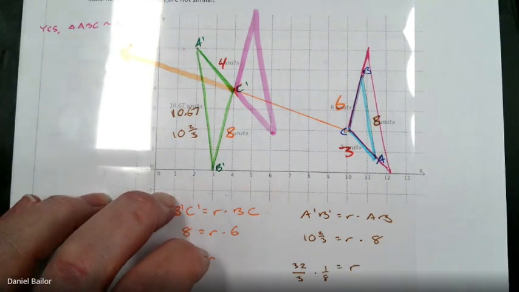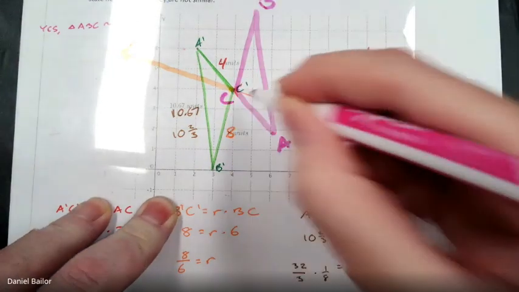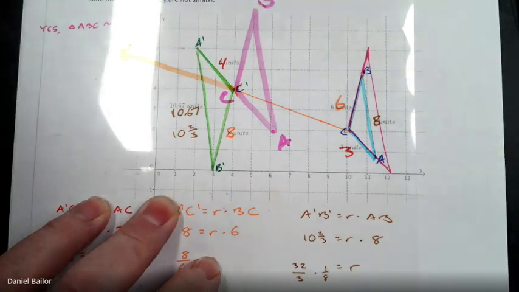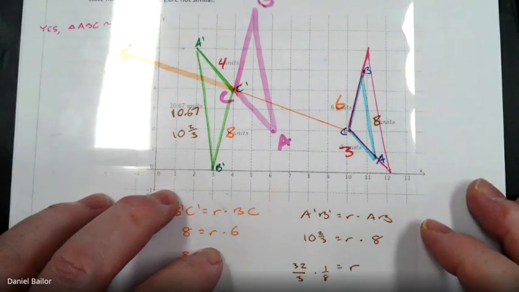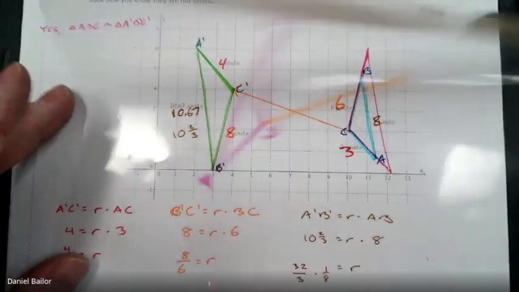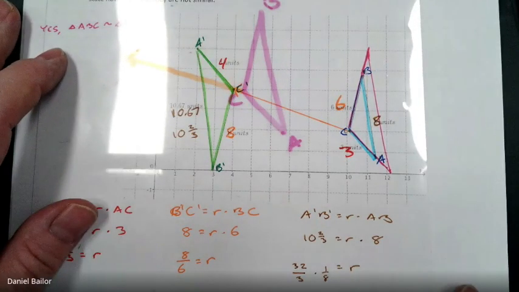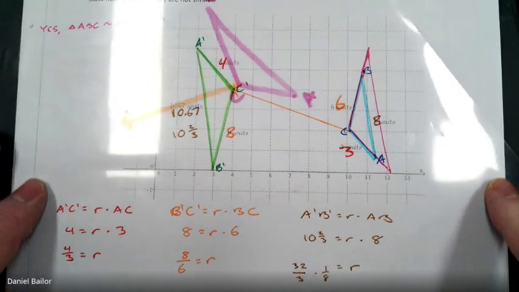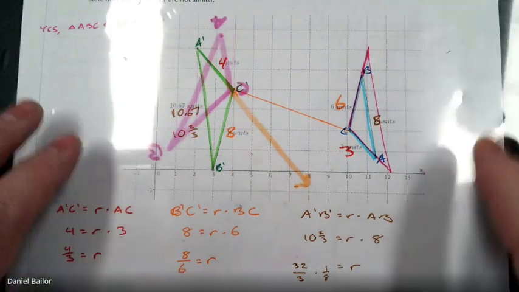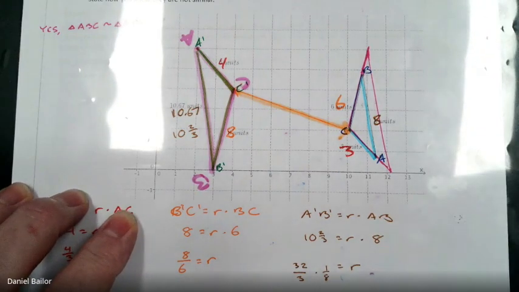Now, here's B, here's A, here's C. How do I finish making them line up? Well, it looks like if I flip it, it's not going to work because B is in the wrong spot. So it looks like what I have to do, I have to rotate, spin around point C prime. Bingo. Just like that. Perfect.